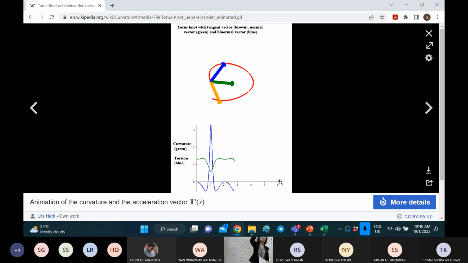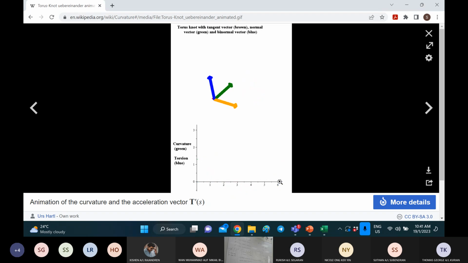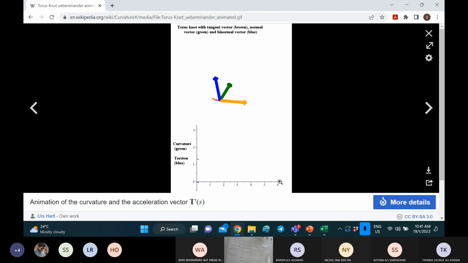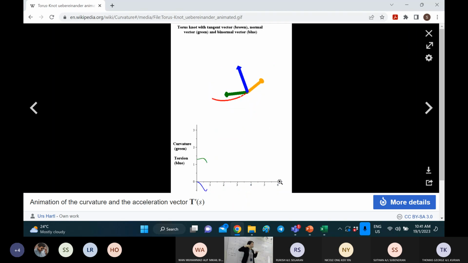And you see the curvature, the one green in color. When it moves down, what is the point when it moves down? Here. Let's see the curvature. When the curvature reduces, what does it mean? Curvature reducing means the circle is becoming larger.